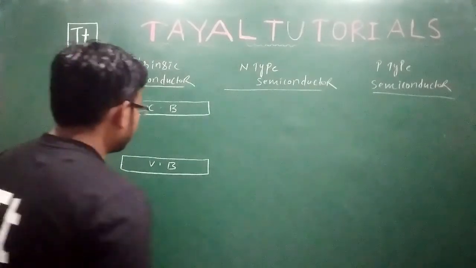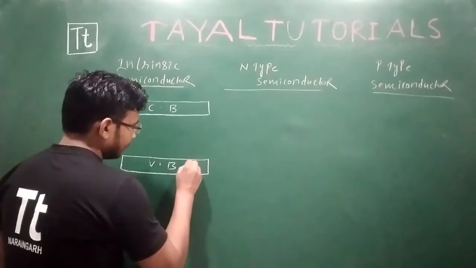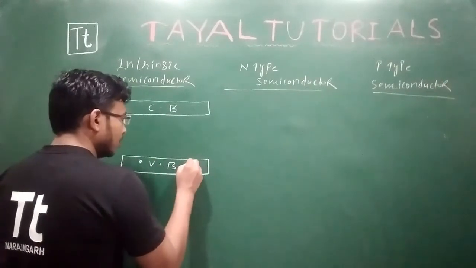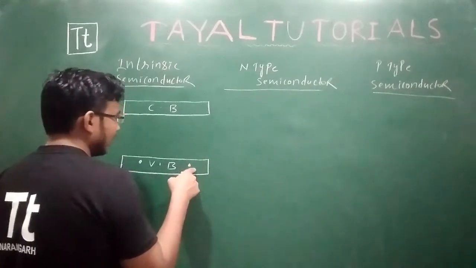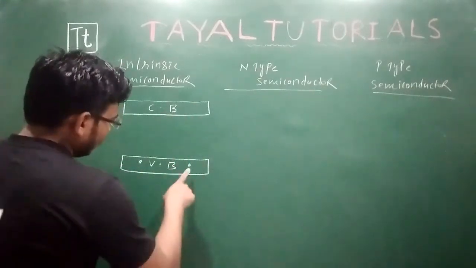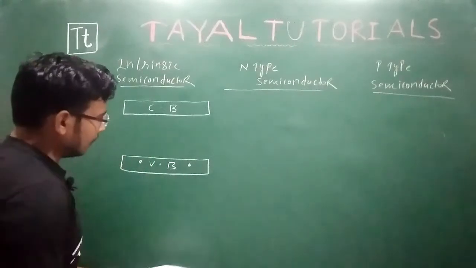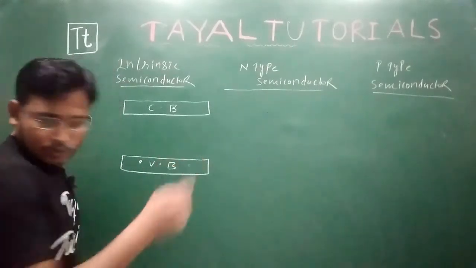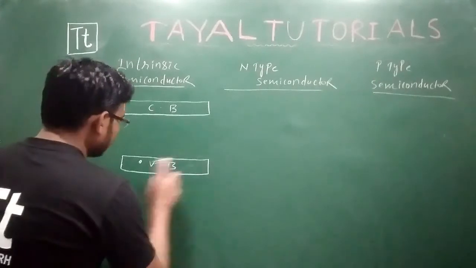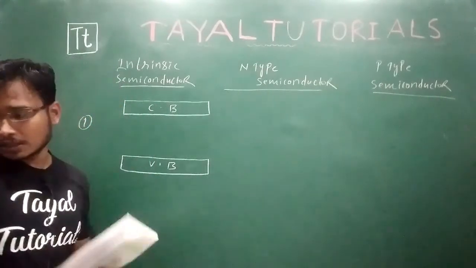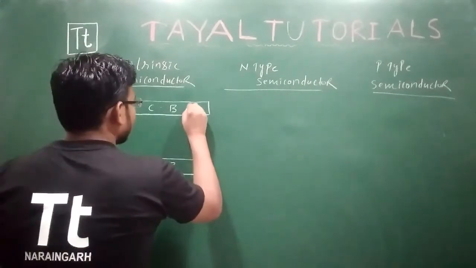Let's see here, the electron is there, and this electron may go from the valence band to the conduction band. So this is the presence of an electron, so we are representing that as an electron. Due to some reason, we will discuss this, this valence electron will go to the conduction band.